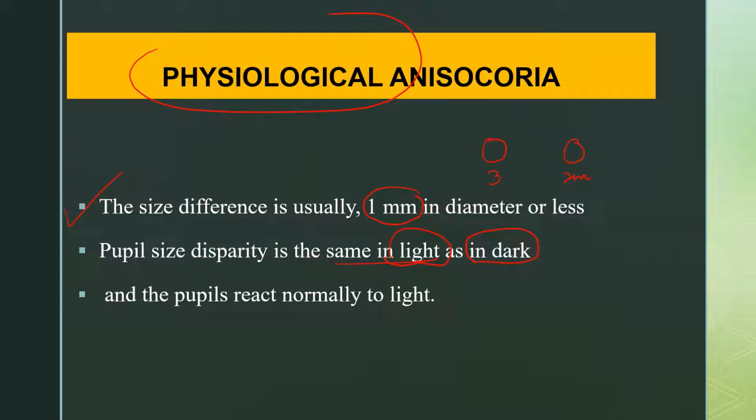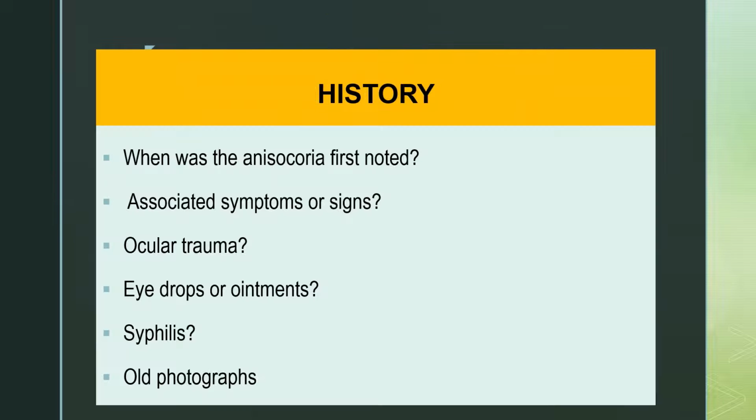In physiological anisocoria, both pupils are actually normal and there is just a physiological difference in size, so the difference will remain the same in light and in the dark. And moreover, the two pupils will react normally to light. So these are the three criteria to call an anisocoria physiological.